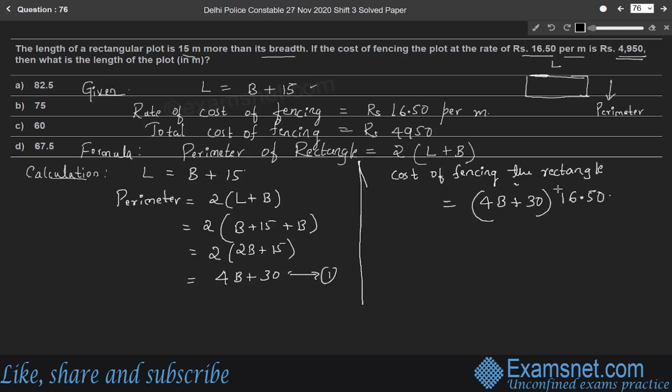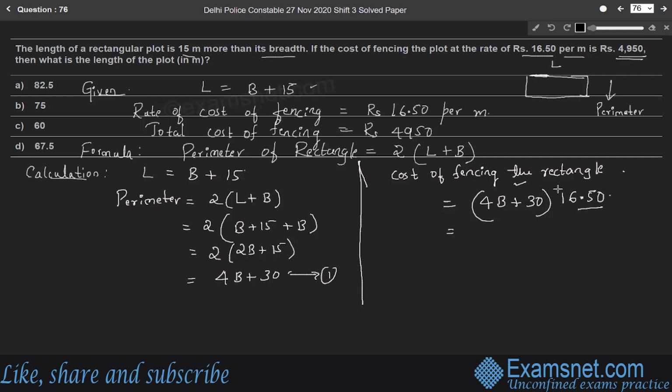So for the total perimeter of the rectangle, for per meter, if it takes 16.50 rupees, so for 4B plus 30 meter, cost of fencing the rectangle is the product of 16.50 and 4B plus 30, right?